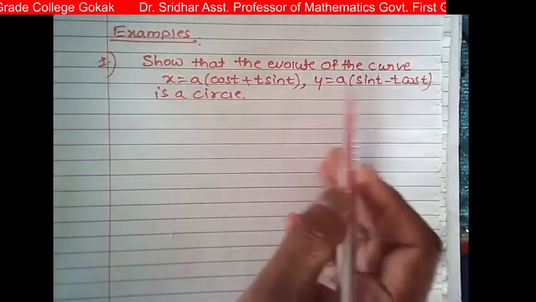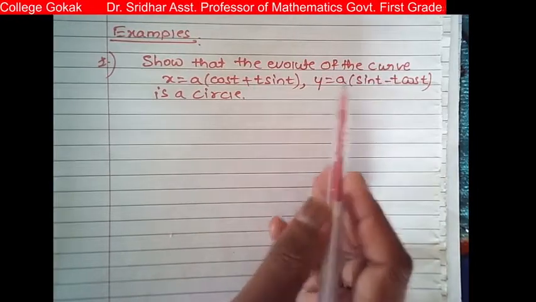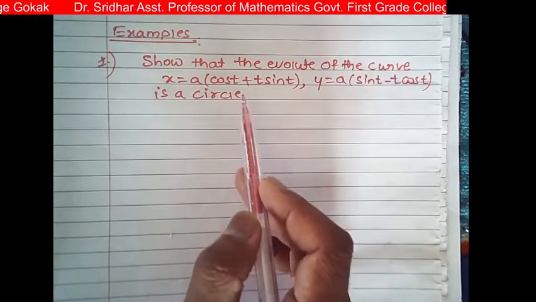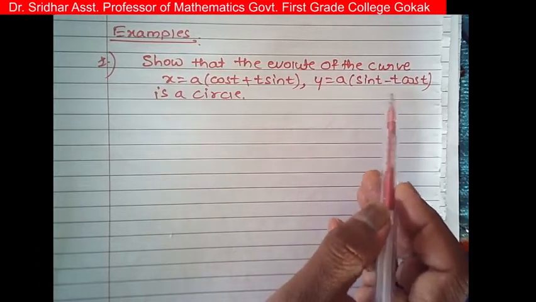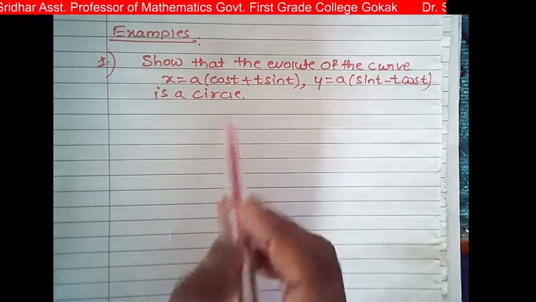So we have to show that the evolute of the curve x is equal to a cos t plus t sin t, comma y is equal to a into sin t minus t cos t is a circle.